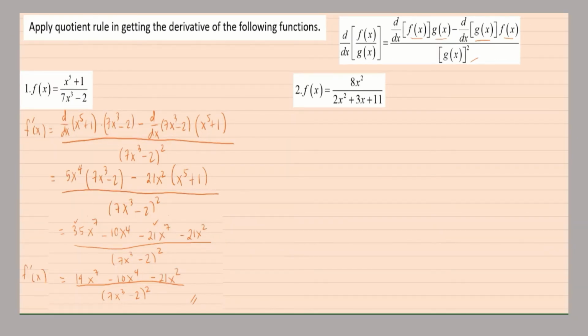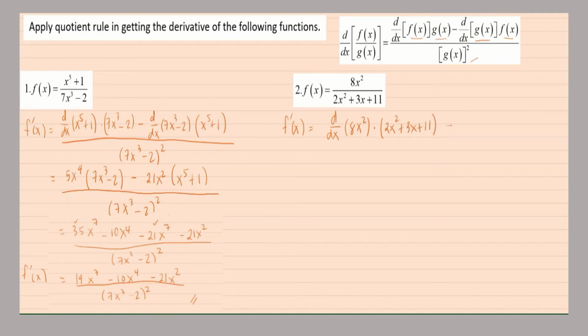Now we proceed to our second example. We have f of x is equal to 8x squared over 2x squared plus 3x plus 11. Now the derivative using the quotient rule will be, we first need to get the derivative of the numerator 8x squared, and then we multiply this with the denominator 2x squared plus 3x plus 11.